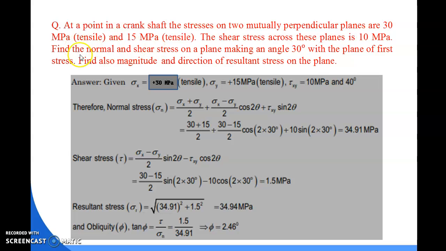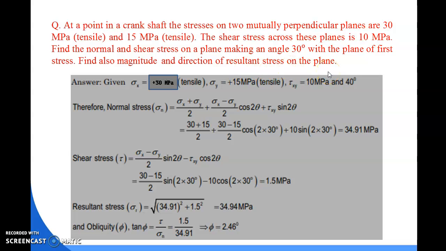Find the normal and shear stresses on the plane making an angle 30 degree with the plane of the first stress. That means here your theta is directly given. The angle between the oblique plane and the first stress, that is the vertical line or y axis, is 30 degree. Then find also the magnitude and direction of the resultant stress on the plane.